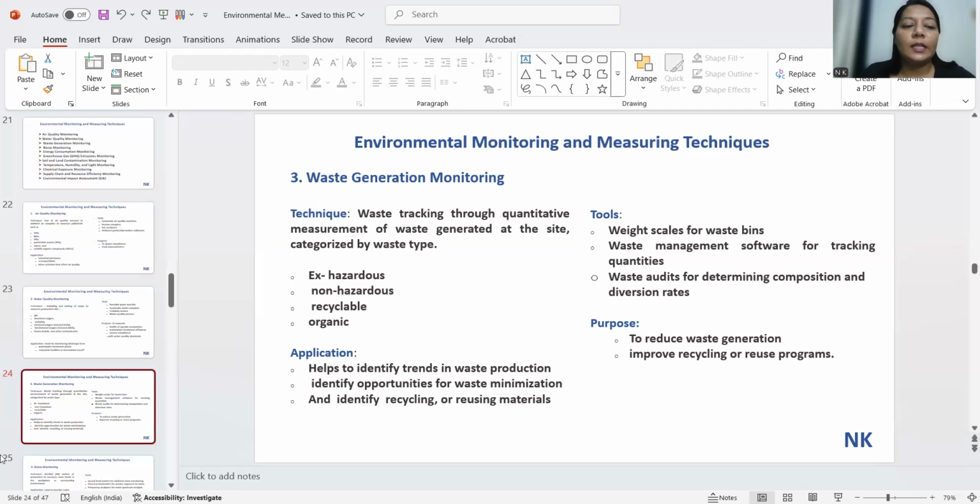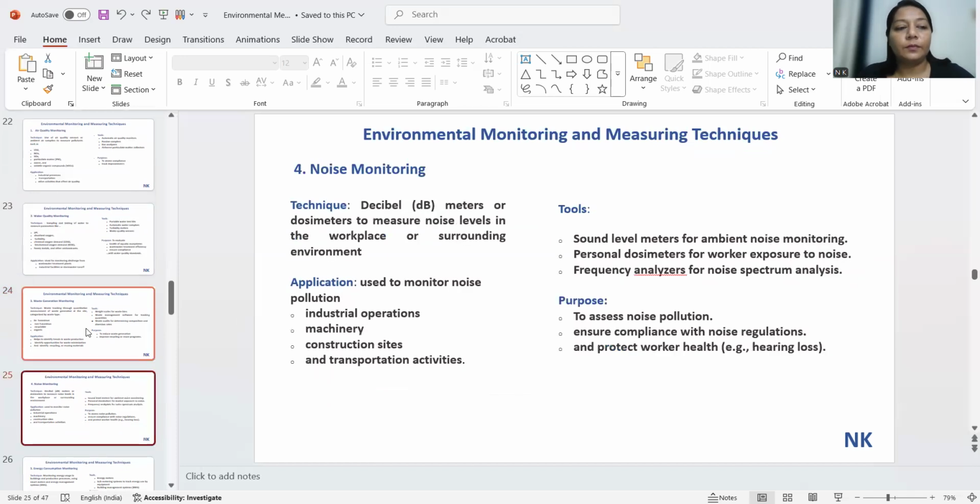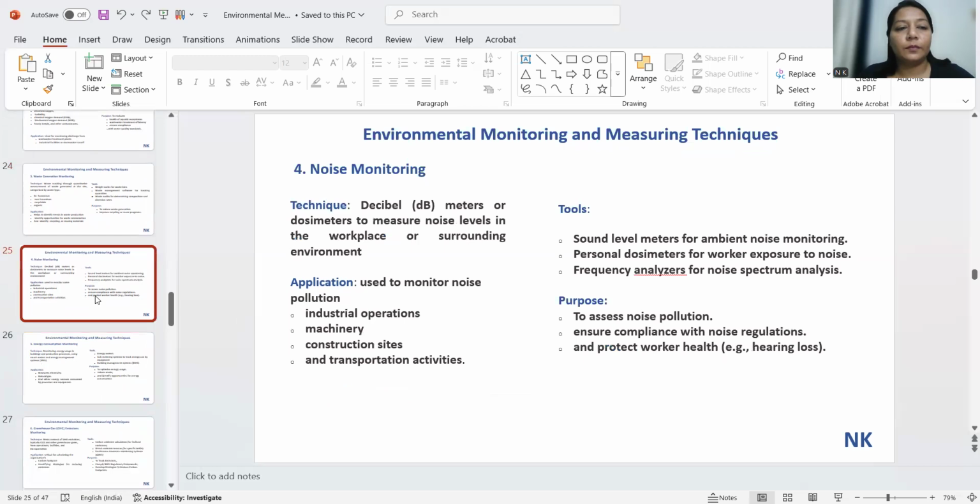Next point, we will discuss noise monitoring. In noise monitoring, the technique uses a decibel meter or a dosimeter to measure noise levels in the workplace or surrounding areas.